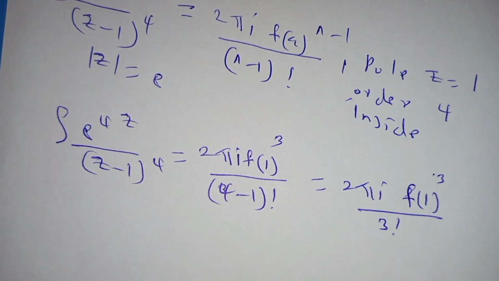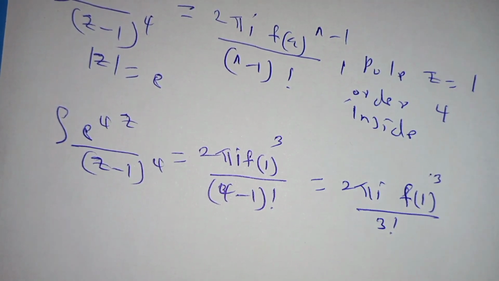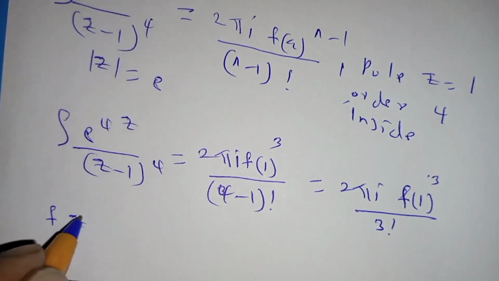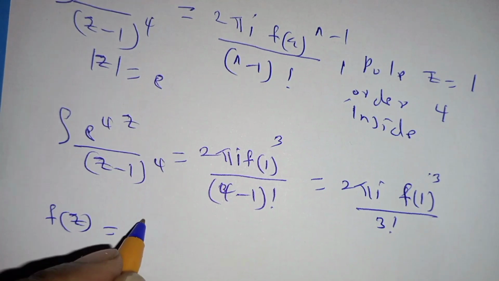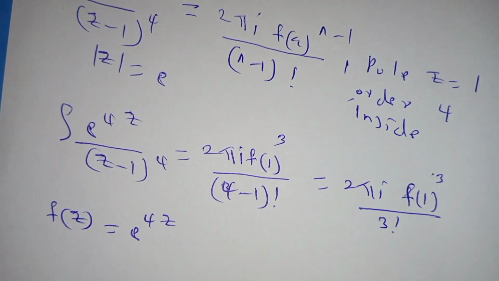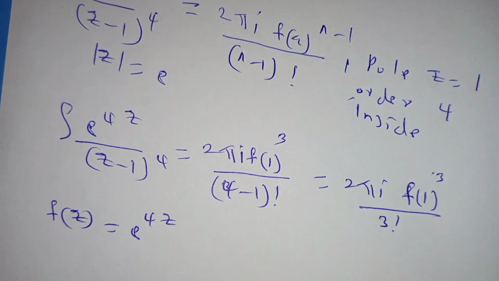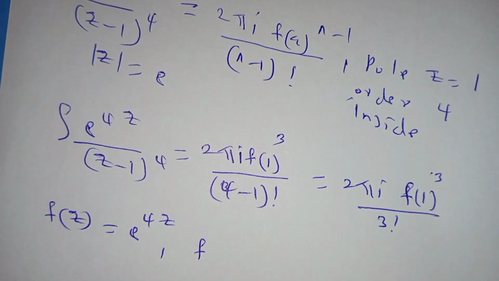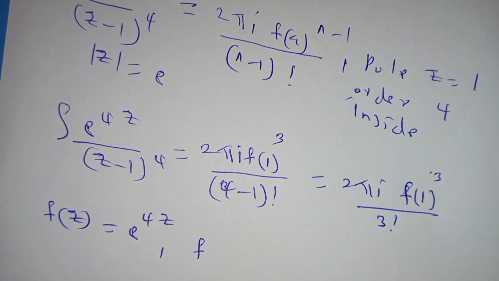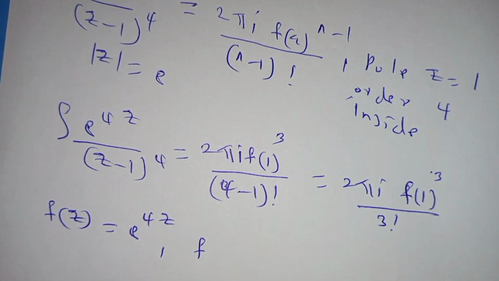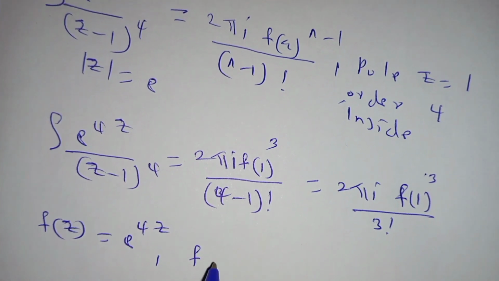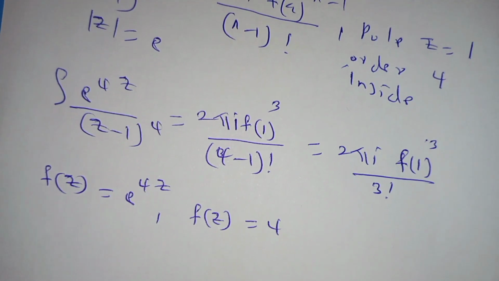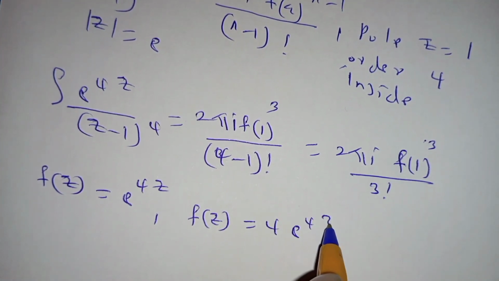Then we shall find f of 1 third derivative. Note that f of z is equal to exponential 4z. So we are going to differentiate this function f of z. The first derivative is going to give us 4 exponential 4z.